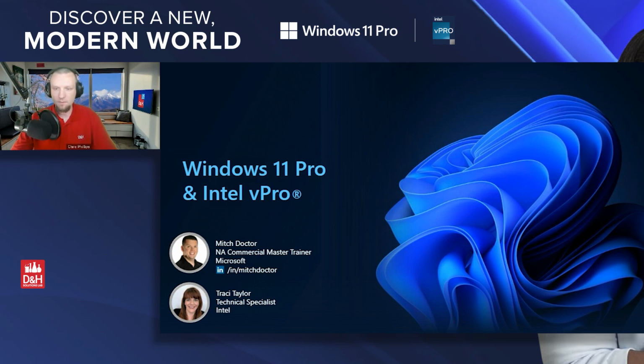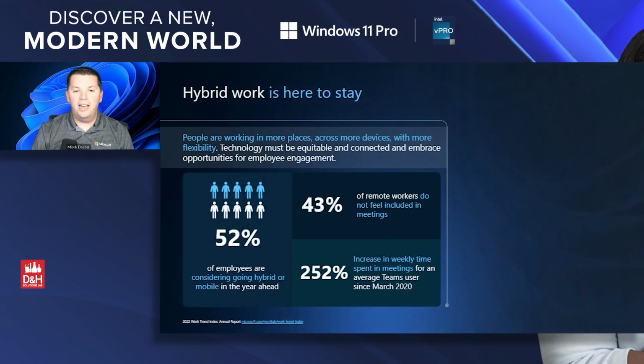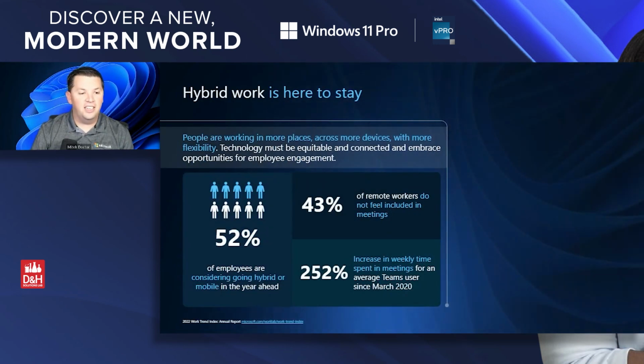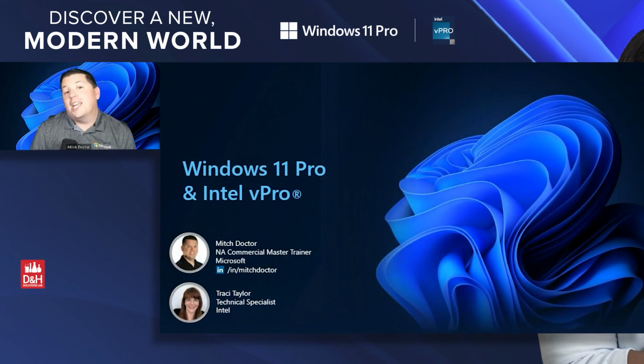Thanks, Chris. I appreciate it. Let's jump right in. We are going to use the slides here in the slide manager, so please follow along with us. We're going to talk about Windows 11 Pro, and specifically what our partnership looks like with Intel as a silicon partner.